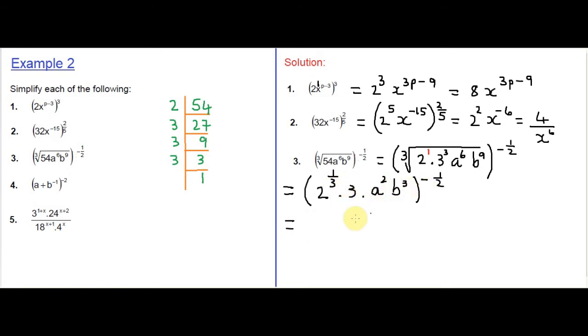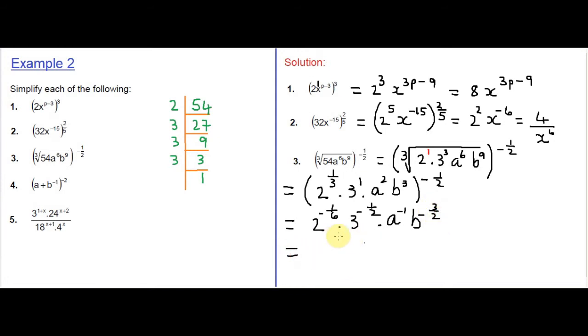We're going to multiply the powers. A third times negative a half is negative a sixth. There's a 1 here that we don't write. So 1 times negative a half is negative a half. And 2 times negative a half is negative 1. 3 times negative a half is negative 3 over 2.